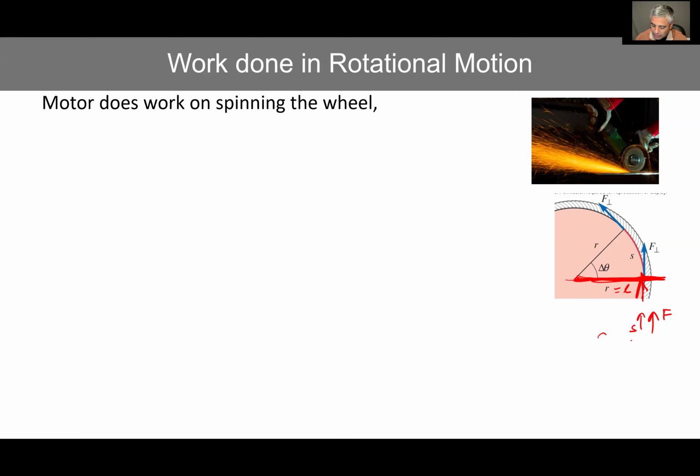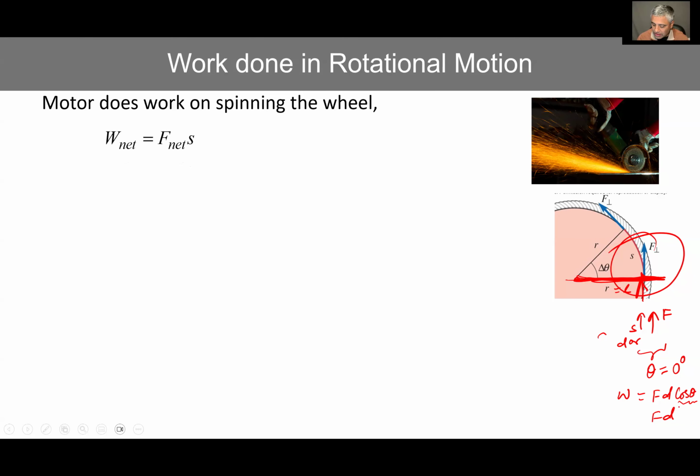Let's say S or D. When they are in the same direction, the angle between them is 0 degrees. Since the work done is force times displacement times cosine of the angle between them, in this case cosine 0 degrees makes 1. So the work done is simply F times D. For this kind of situation, I'm writing something like this.